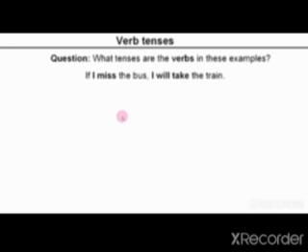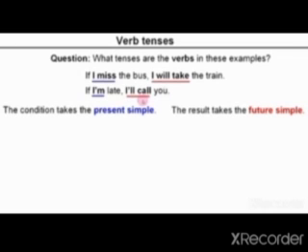In the condition, the if clause or when clause, we use simple present, whereas in the result, we use simple future. If I am late, I'll call you. Again, simple present and simple future. But class, you can see this present gives the effect of future tense. So, in the first conditional, the condition takes present simple and the result takes simple future.